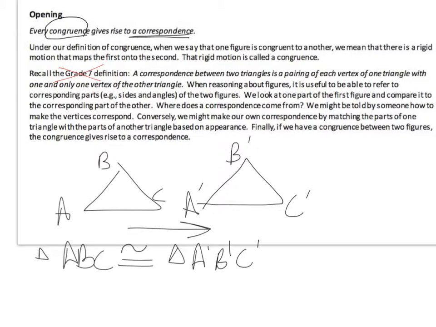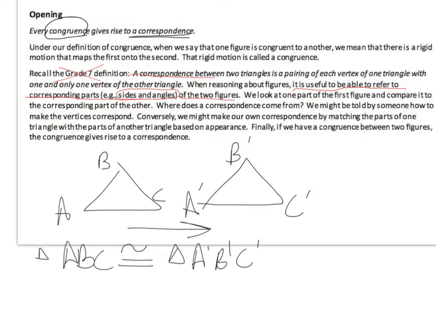When reasoning about figures, it is useful to be able to refer to corresponding parts. Corresponding parts is what I've always talked about when things are congruent or similar in geometry. We'll get to similar another day. But it's useful to be able to refer to corresponding parts, which are sides and angles of the two figures.